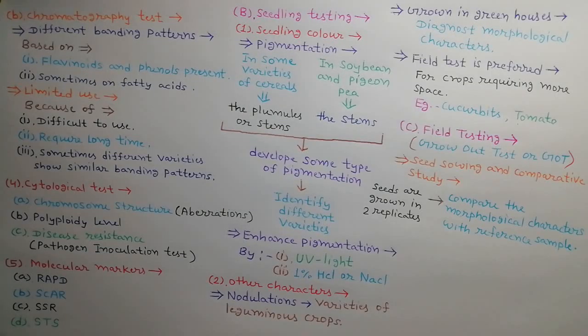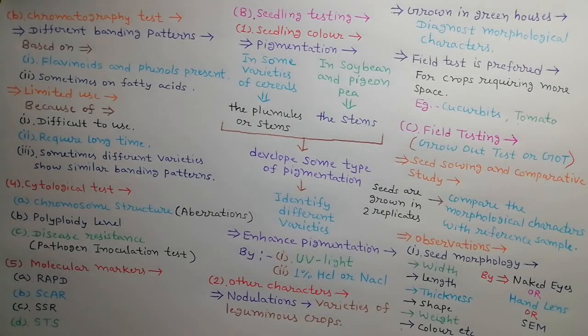In field test or grow-out test, the seeds are grown in 2 replicates under controlled conditions and morphological characters of the plants are compared with the authentic or reference sample grown under similar conditions. Following morphological observations are made during comparison.